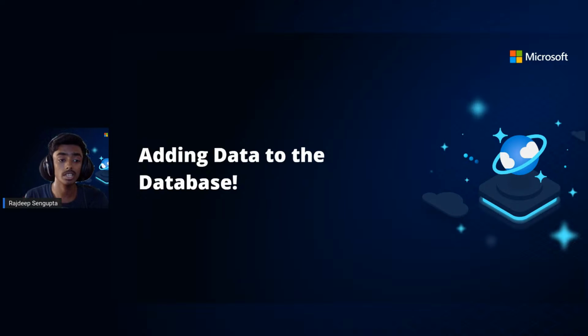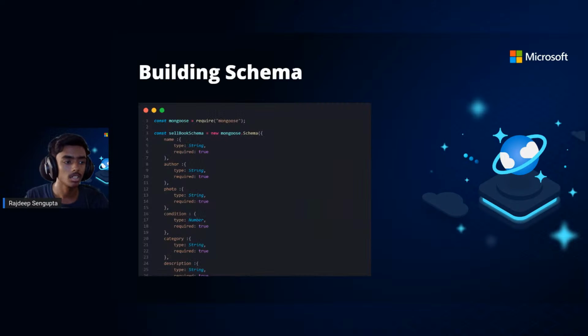Now let's see how we can add some data in the database. So first of all, we need to build a schema. Again, I'm importing Mongoose in the first line. Then we are building a schema named sellBookSchema. This is the exact schema we used in our project named Bookly.